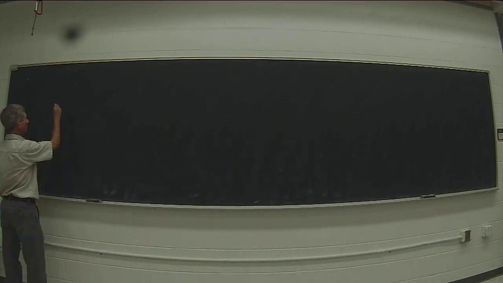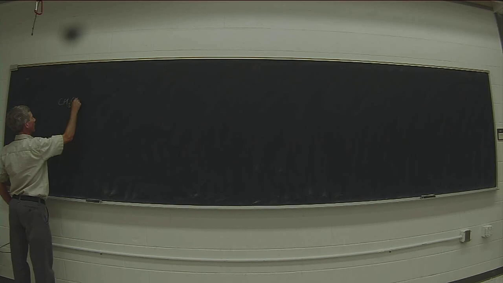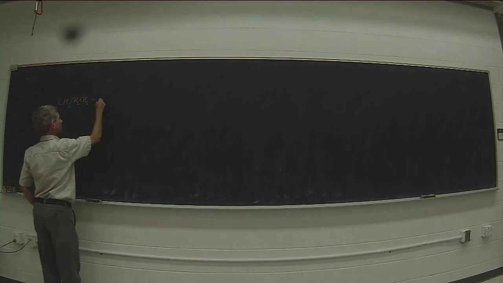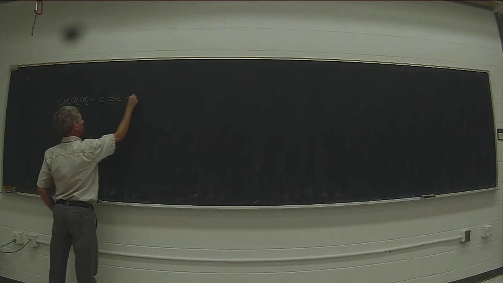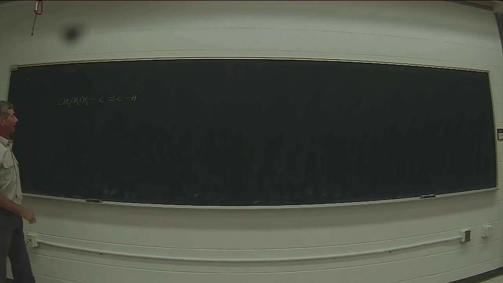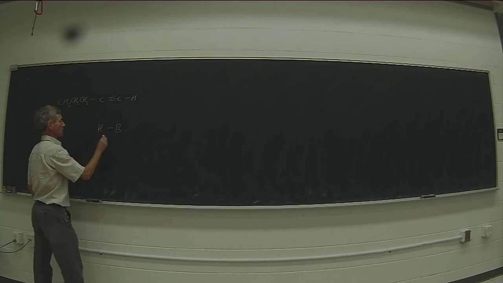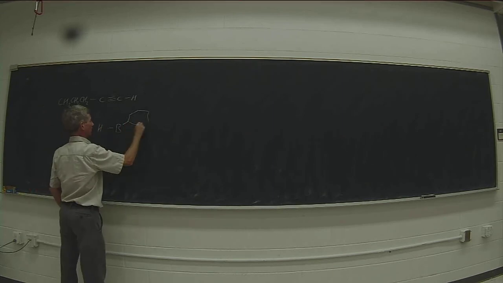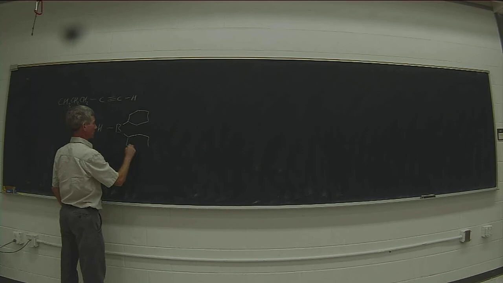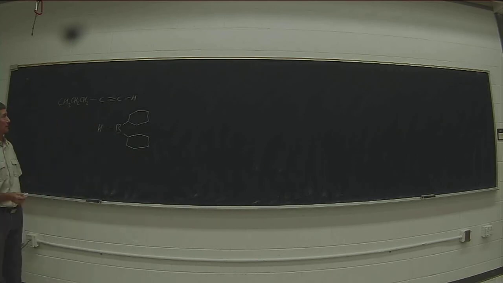So let's start once again with our terminal alkyne, 1-pentyne. And now we're going to have our boron compound. And I'll use dicyclohexylborane, but the mechanism would be the same for the 9-BBN.